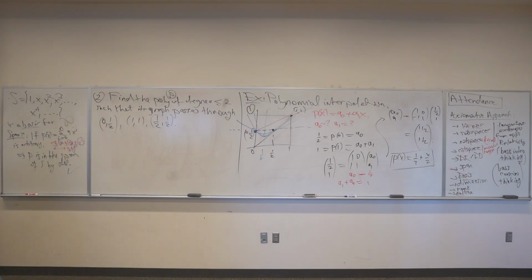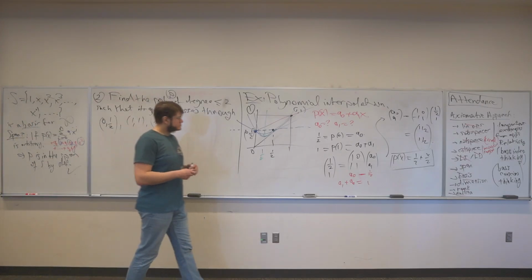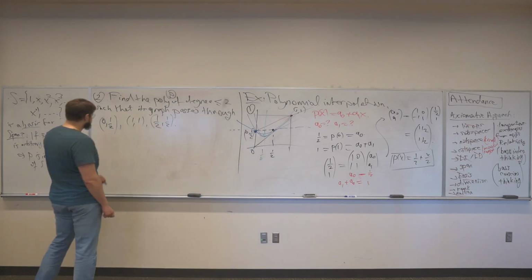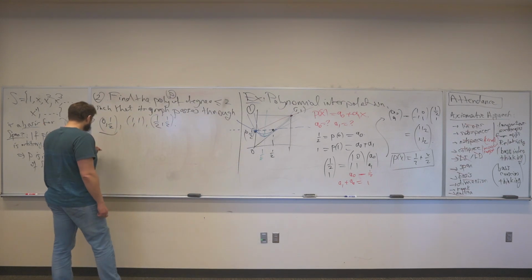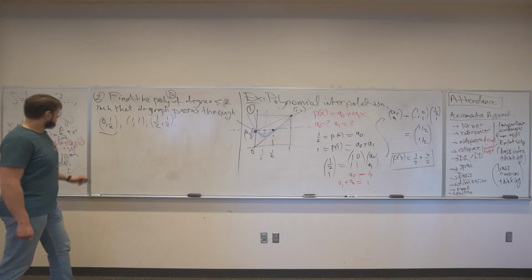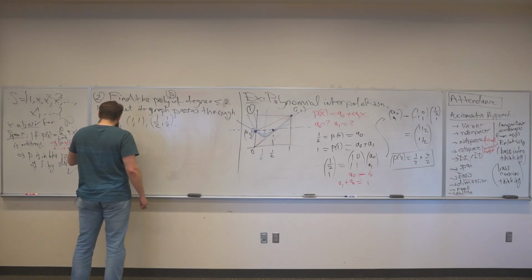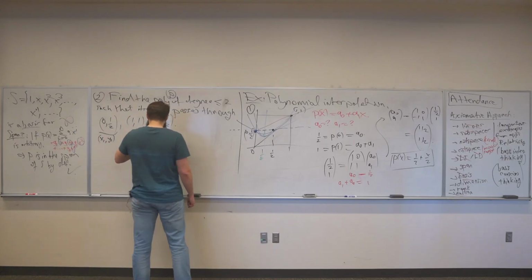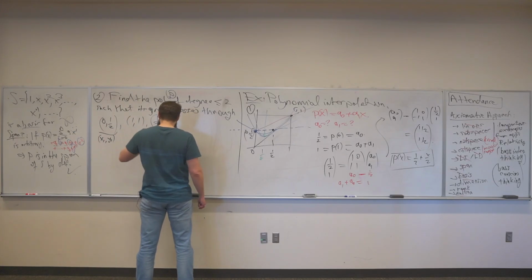But how do you do this algebraically, and how do you come up with the explicit formula? Well, you again write down the equations. And in fact, I'll do it this way. So x1, y1 is the first control point. This is the middle control point, x2, y2.